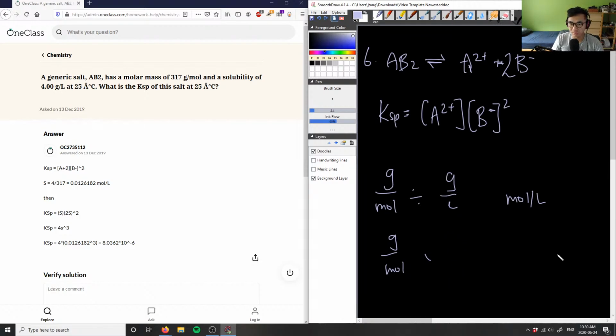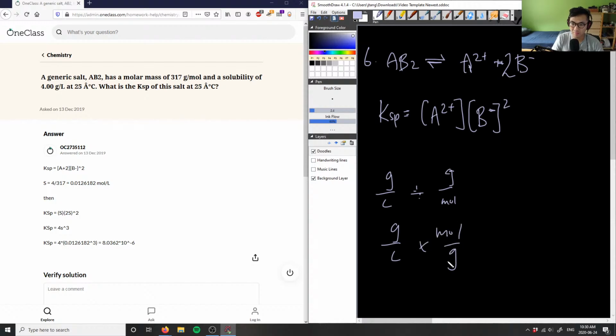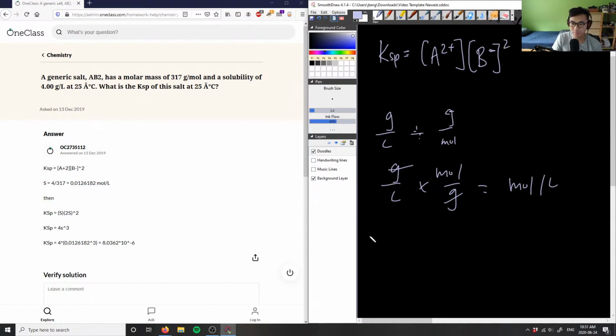So I would have to do grams per liter first, divided by grams per mole. So I have grams per liter times moles per gram, and this would cancel out to get moles per liter. So this is our equation: grams per liter, which is our solubility, divided by our molar mass, which is grams per mole. So let's do this calculation.